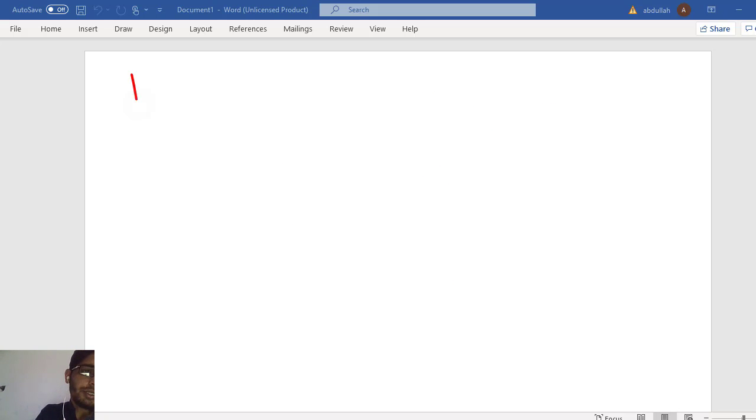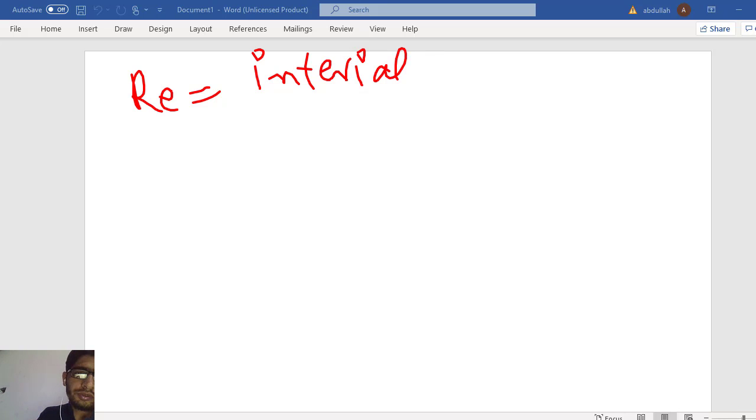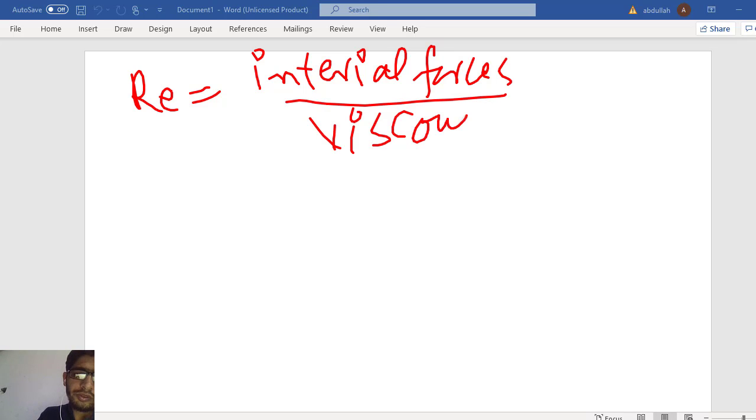So Reynolds number is nothing but a ratio of inertial forces to viscous forces. Inertial forces and viscous forces.